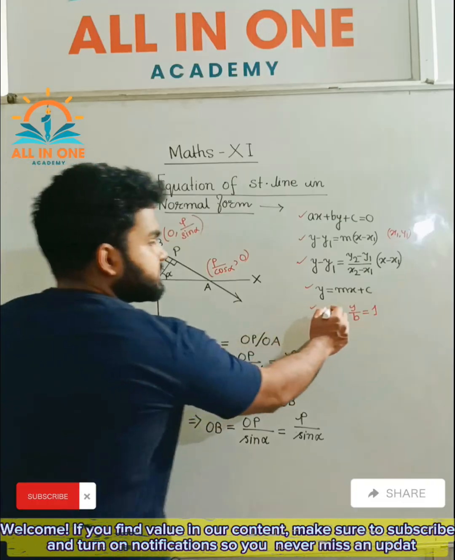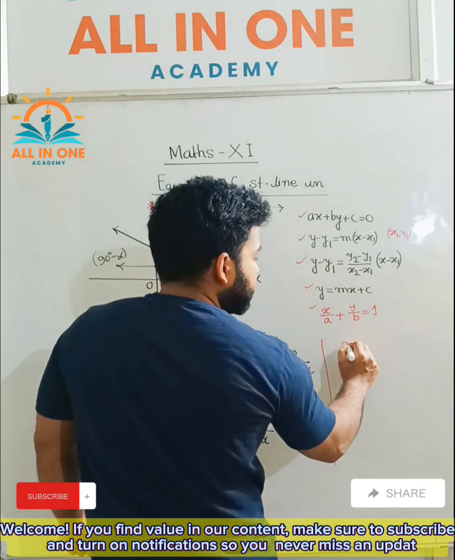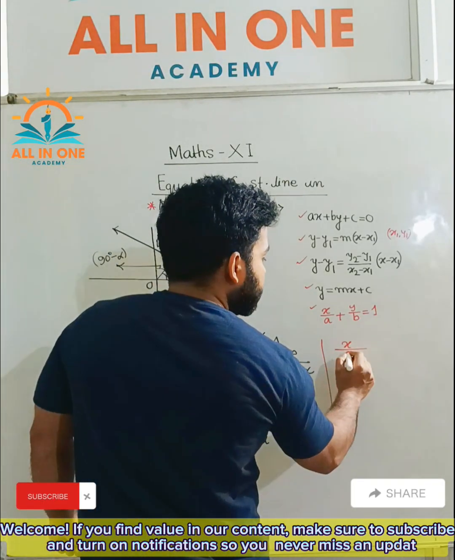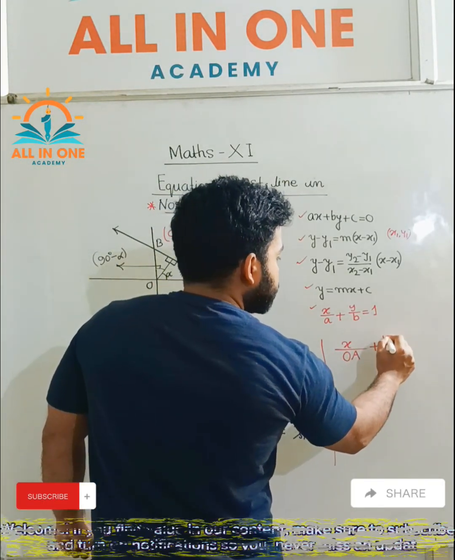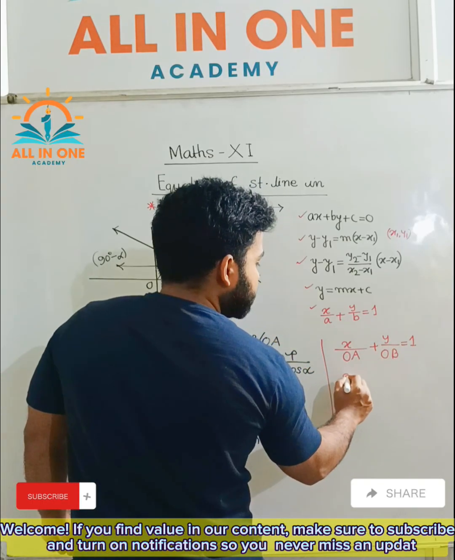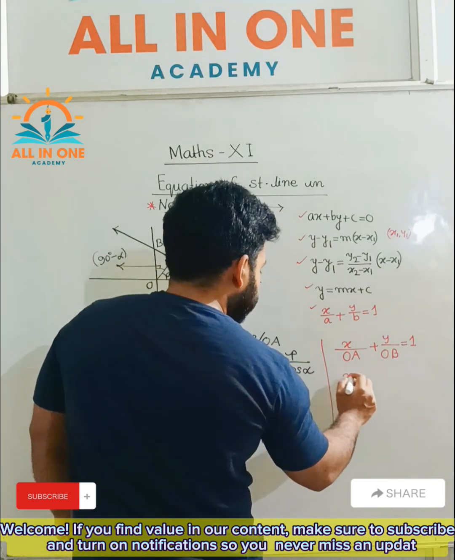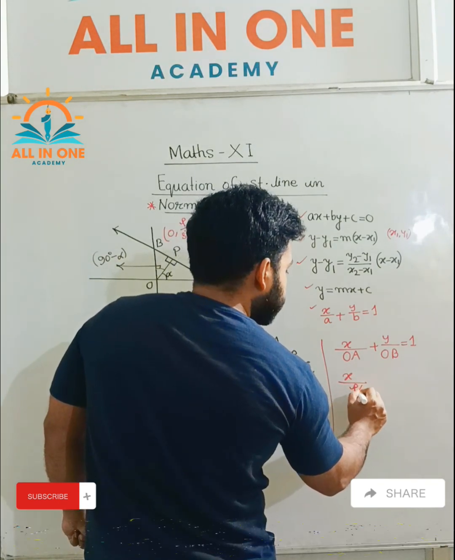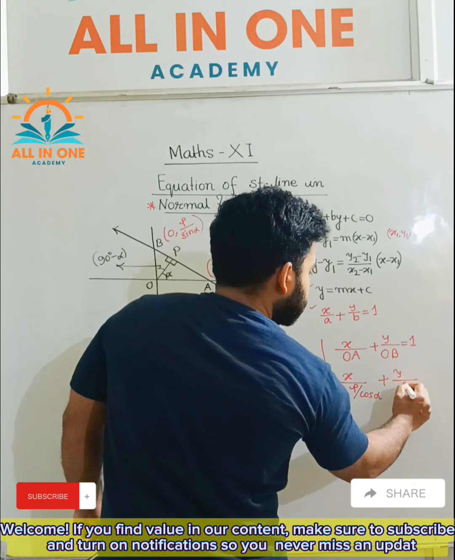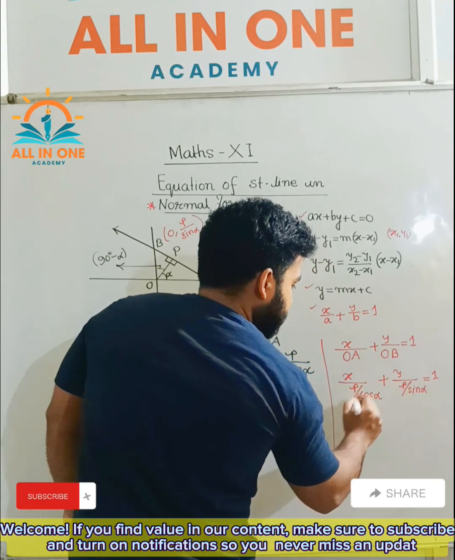So we use the intercept form again here. Writing the equation, x by OA plus y by OB should be equal to 1, or x by p by cos alpha plus y by p by sin alpha equal to 1.